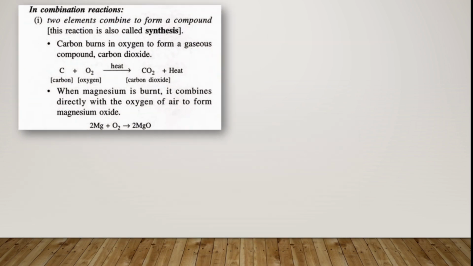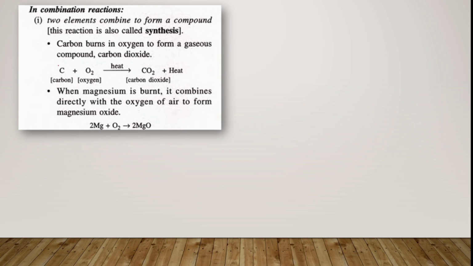In combination reactions, there are 3 types you have to study, depending on the types of elements or compounds combined. First, if the elements combining are carbon and oxygen, both of them are gases, isn't it? They combine to form a compound.